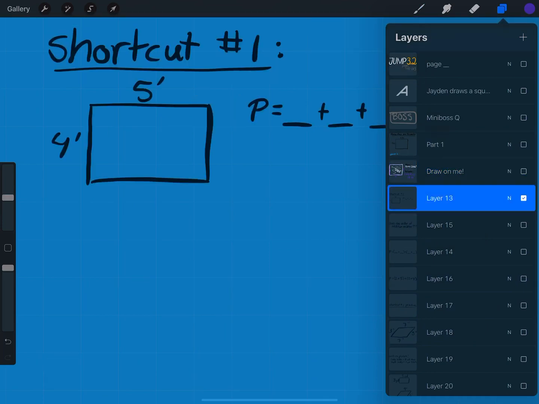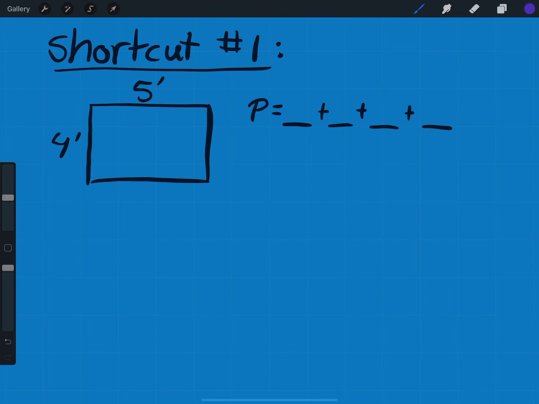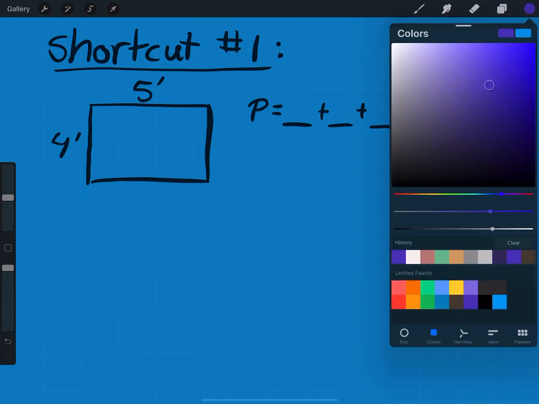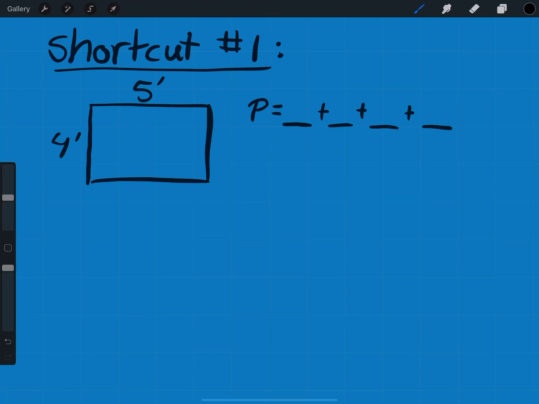All right, so there are a couple shortcuts you can do for finding perimeter if you don't want to just add all of the sides of a rectangle. These are shortcuts just for rectangles. So we have this 4 feet and 5 feet.